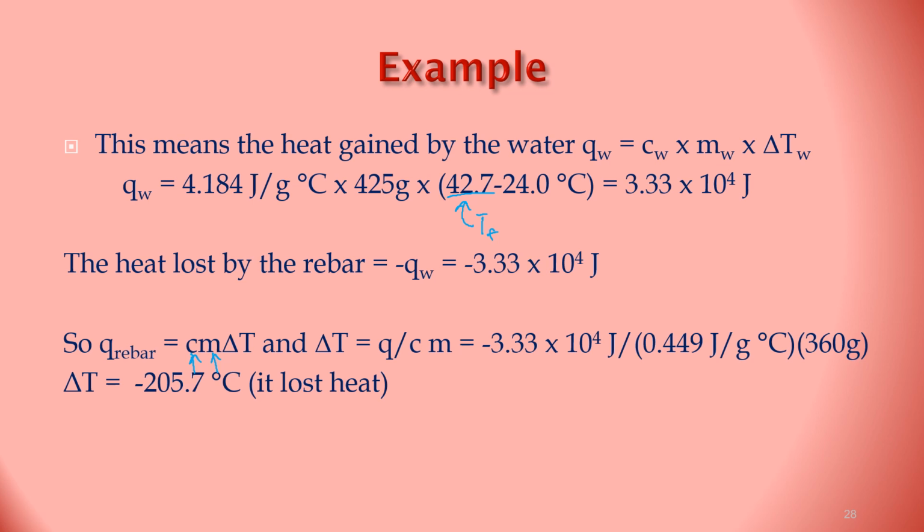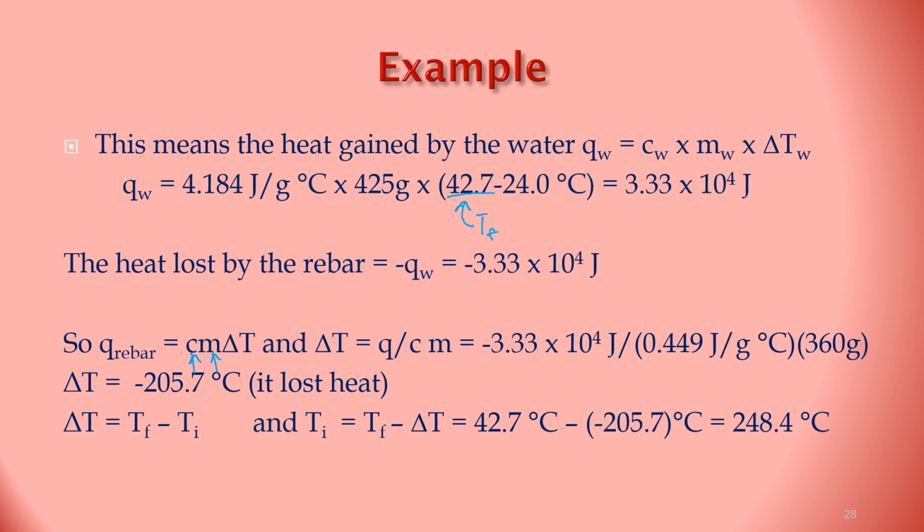That's when they came into equilibrium. So we know that delta T is temperature final minus temperature initial. If we rearrange it, we know the delta T and we know the final temperature. So Ti equals Tf minus delta T.